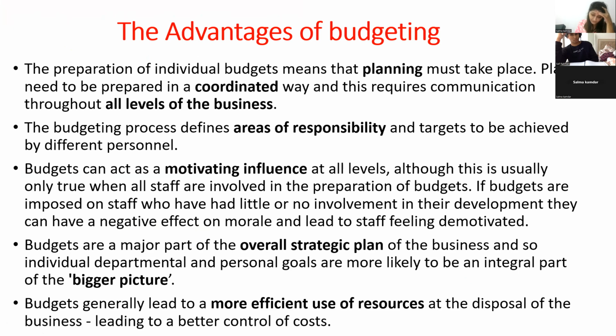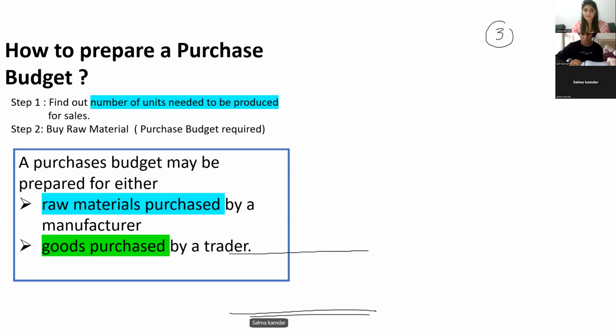You have to write for 3 marks or 4 marks. So what will you write? It helps make better decisions, can manage costs more efficiently, motivates employees, and it is a major part of the overall strategic plan. A budget helps you to make more efficient use of resources.